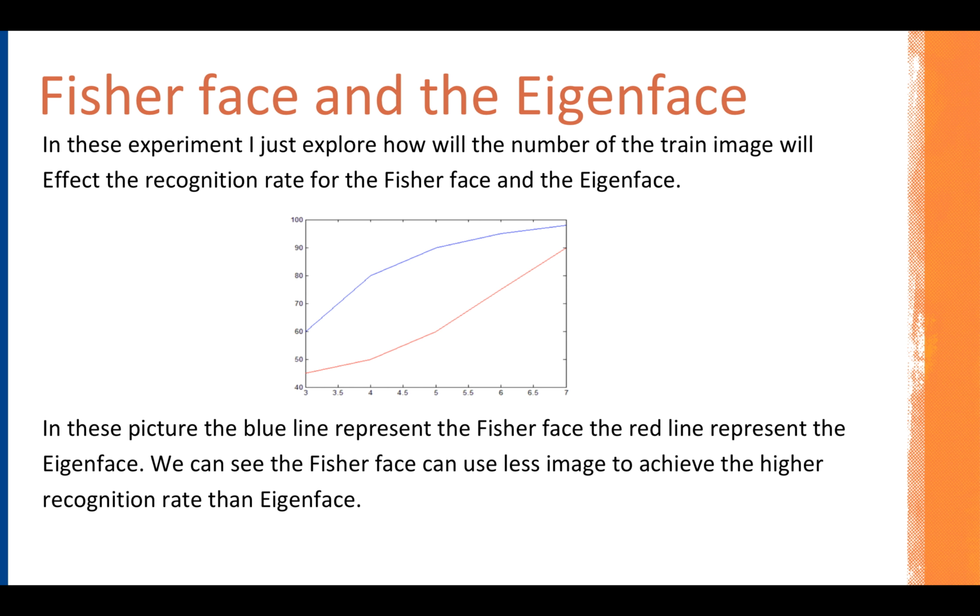In the experiment, we explore how the number of training images affects the final recognition rate for fisherface and eigenface. In these pictures, the blue one represents fisherface, and the other one represents eigenface. Both of their recognition rates increase with the number of training images. But fisherface shows better performance because it can use fewer images to reach a better recognition rate.